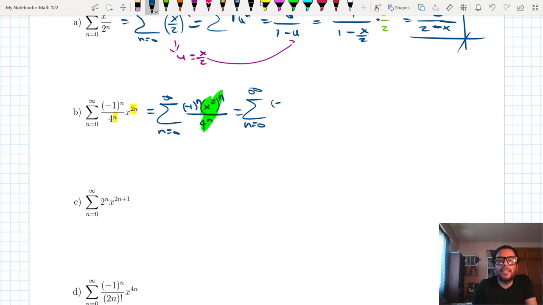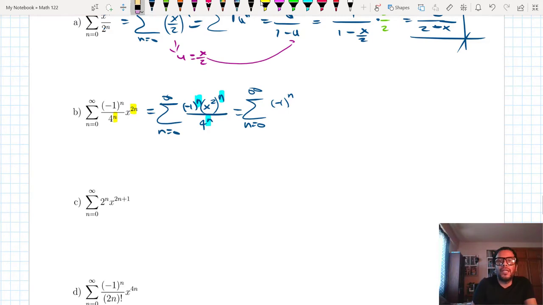So we are going to have negative 1 to the n. Actually, everything has n power. If you notice, this n right here, this n right there, this n right there.